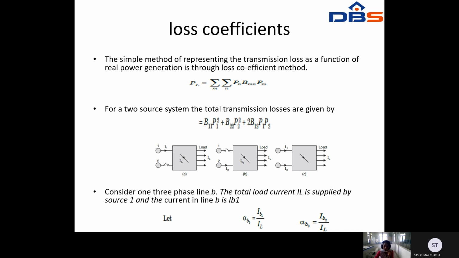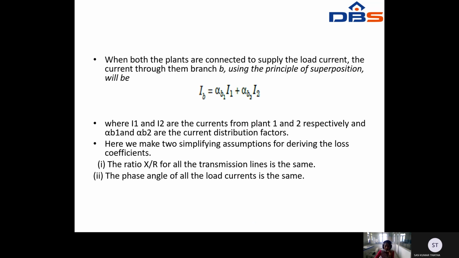When both plants supply the load current, the current through branch B, using the principle of superposition, will be IB equals alpha B1 I1 plus alpha B2 I2, where I1 and I2 are the currents from plant 1 and plant 2 respectively. Alpha B1 and alpha B2 are the current distribution factors for plant 1 and plant 2.